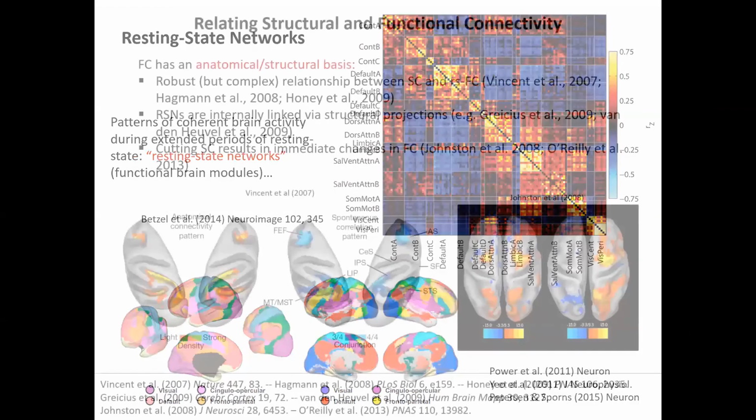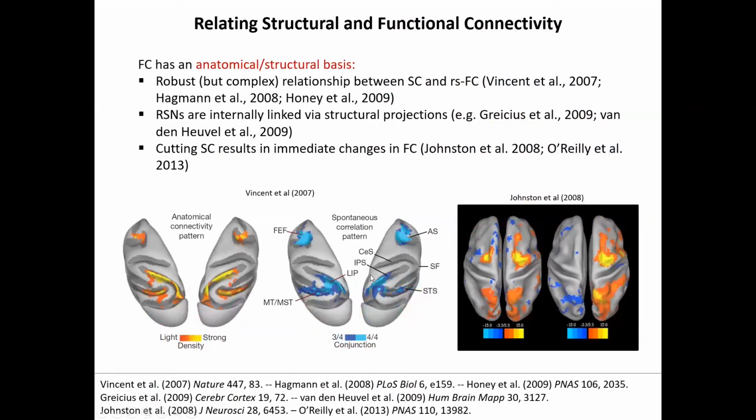Now, where does this pattern of functional connectivity come from? We had the intuition a long time ago now that the resting state is a reflection to some extent of the underlying anatomy. How did we come to that hypothesis?